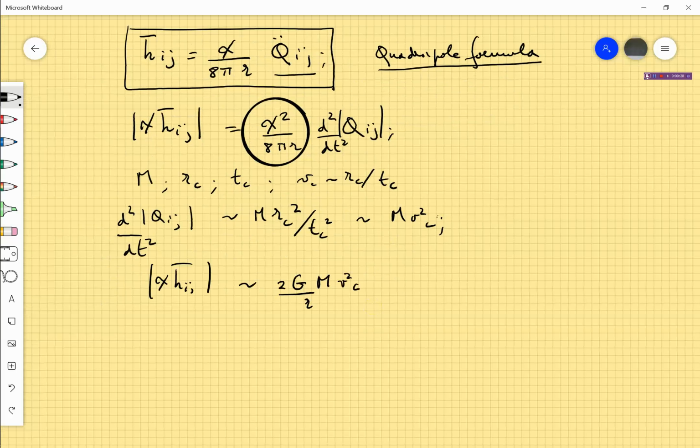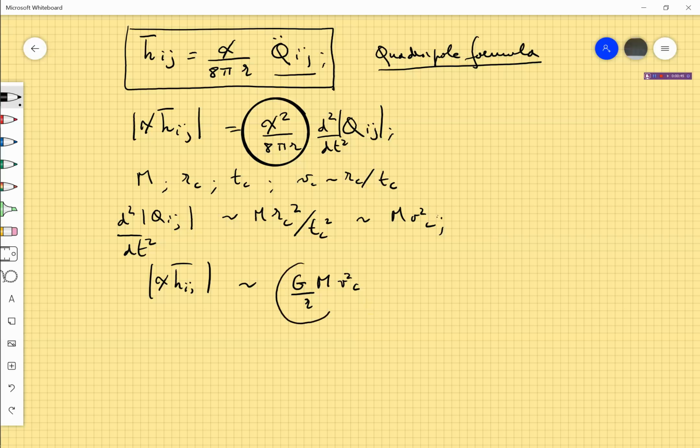And the last thing that we have to do is to put back all the factors of c that have been omitted when we used units of c equal 1.